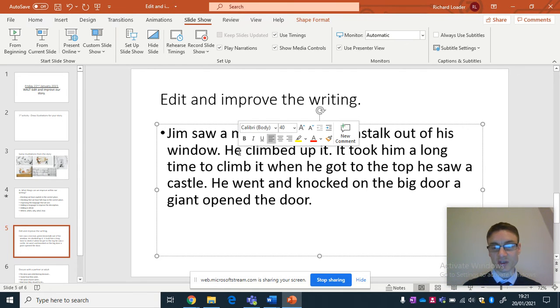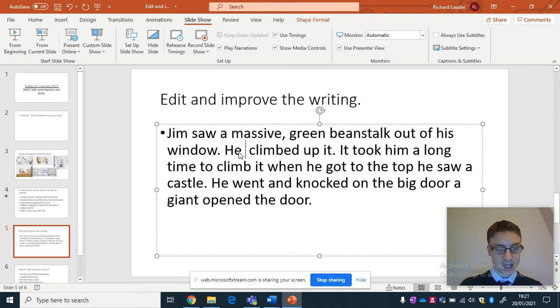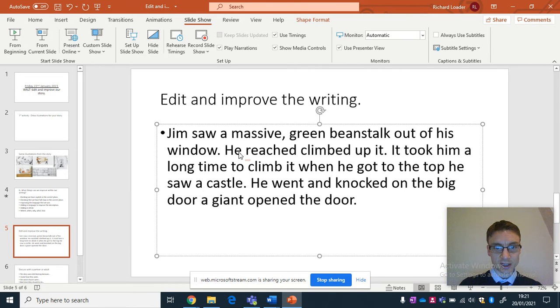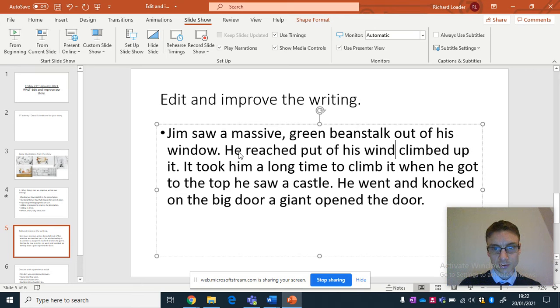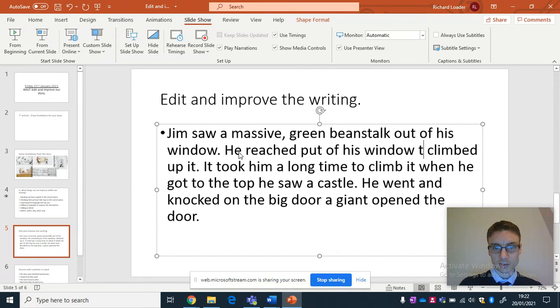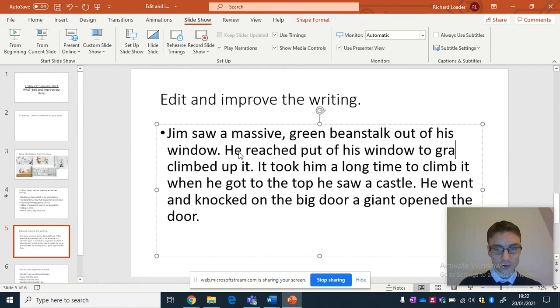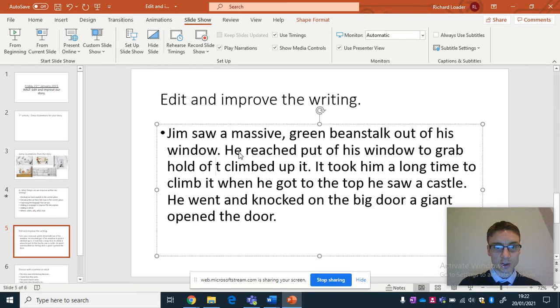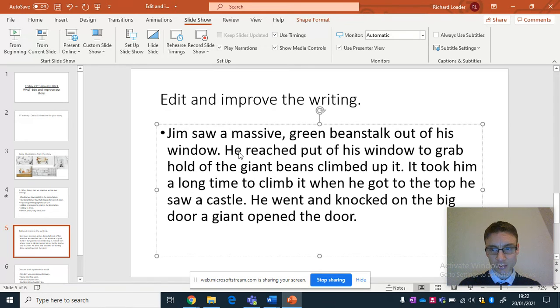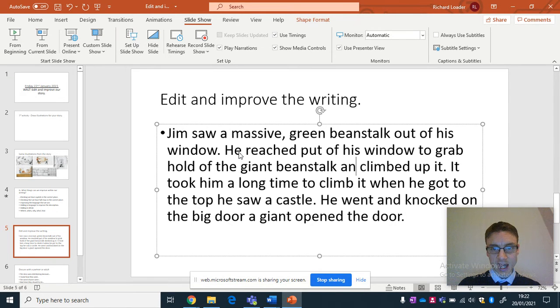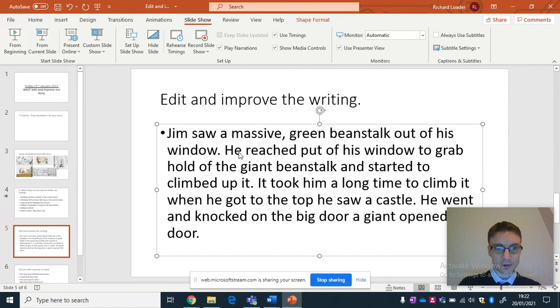Was the beanstalk just there so he could reach out the window? So I'm going to do, he reached out of his window to grab hold of the beanstalk, the giant beanstalk. Then we're using an adjective, and started to climb up it.